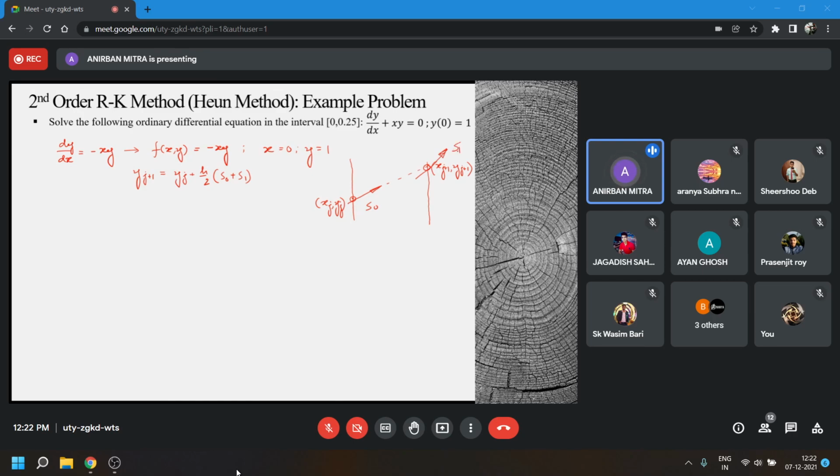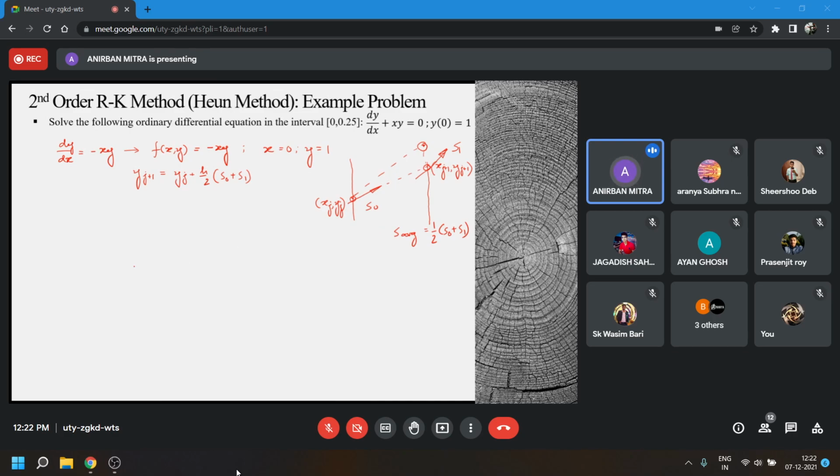And this is S1. So once we get S0, slope on the left hand side, and S1, the slope on the right hand side, we can get the average slope and draw a line with that average slope from there, and that would give us the actual solution at this point. That is the approximate solution, of course.